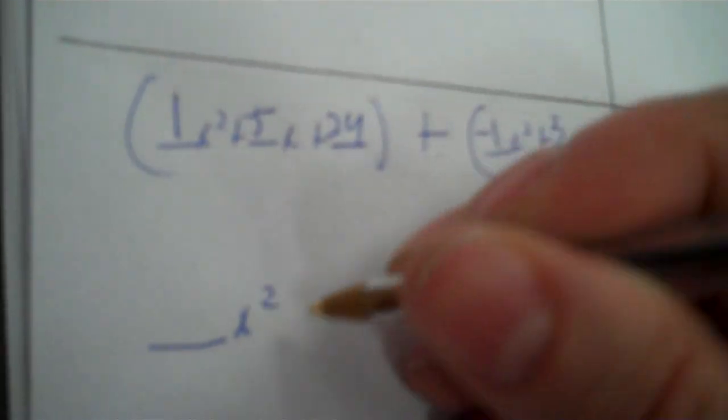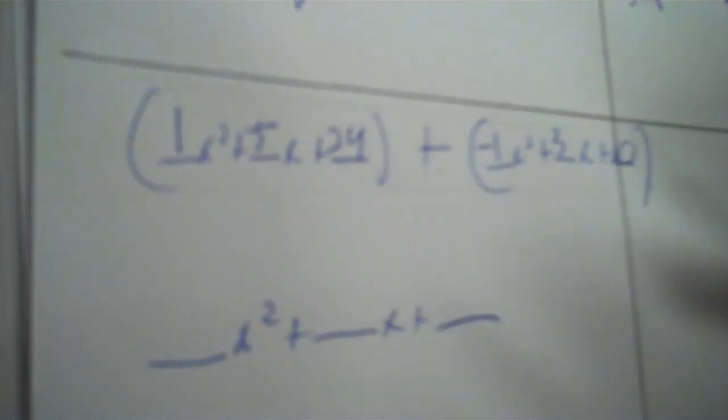Now you do your slots and combine like terms. X second, x, constant. So x second, 1 plus negative 1 is 0, so that goes away. And then on your x, negative 5 plus 3 is negative 2, and then for your constants, negative 24 plus 10 is negative 14.